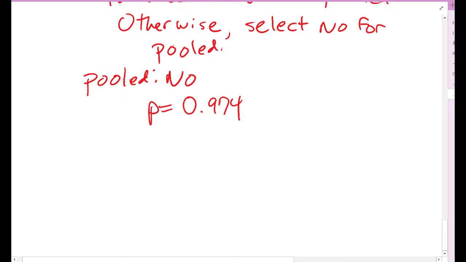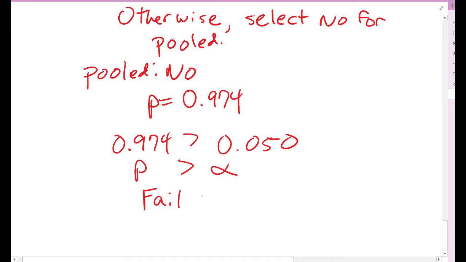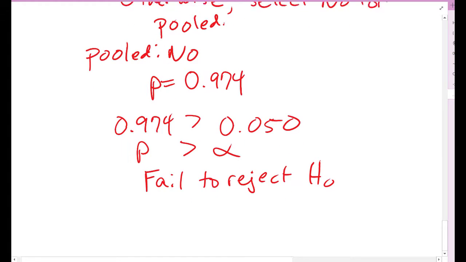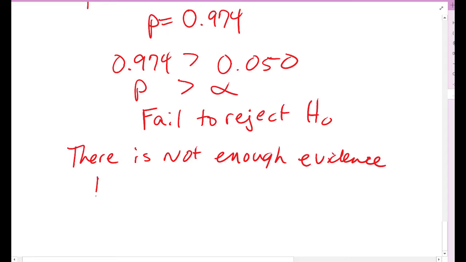Okay. To quickly finish this up, you know the drill. We take the p-value, compare it to alpha. I'm assuming alpha is 5%. It's always 5%. 0.974 is greater than 0.05, so our p-value is greater than alpha, which means we're going to fail to reject the null hypothesis, which means our conclusion is there is not enough evidence to support the claim.